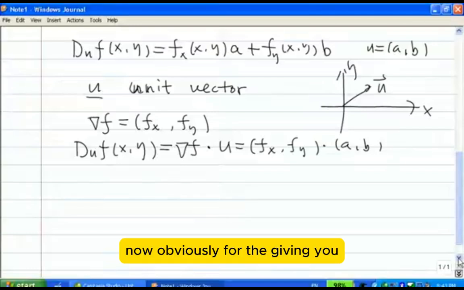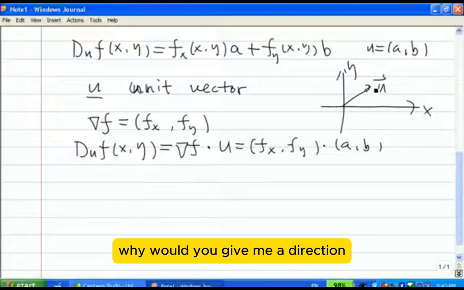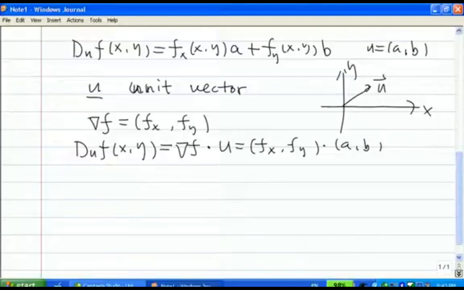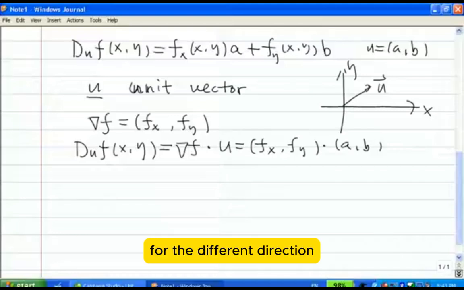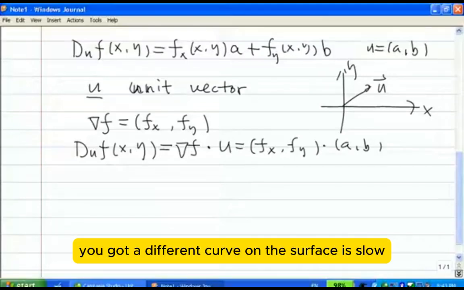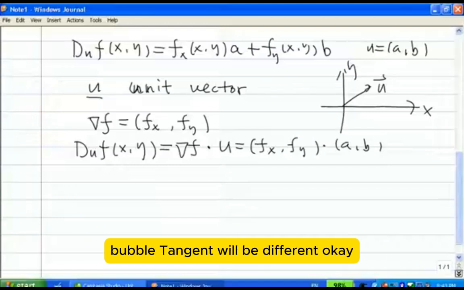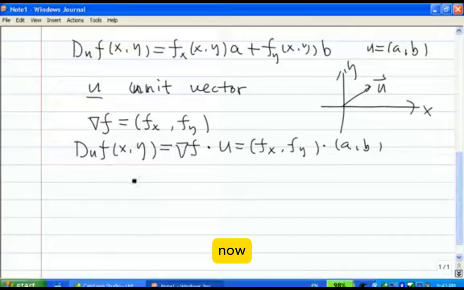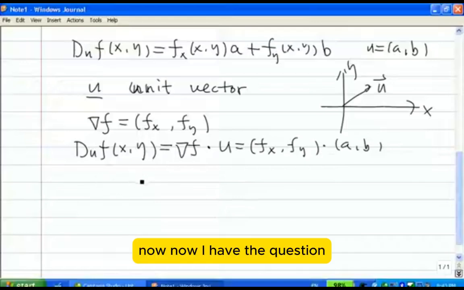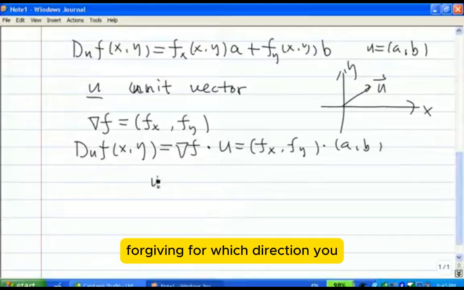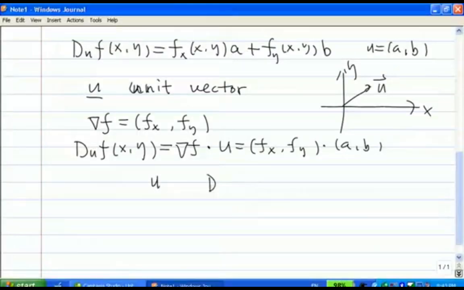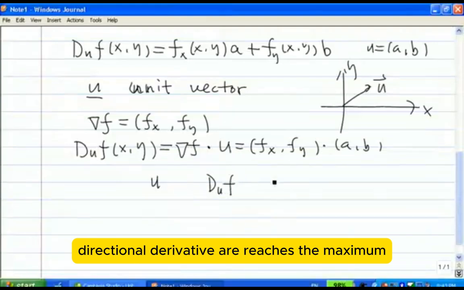Now, obviously, for a given u, whenever you give me a direction, it corresponds to a curve on the surface. For a different direction, you get a different curve on the surface, and its slope of tangent will be different. Now we have the question: for which direction u does the directional derivative reach the maximum?